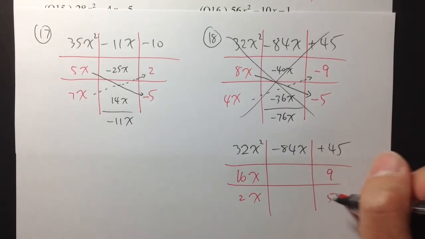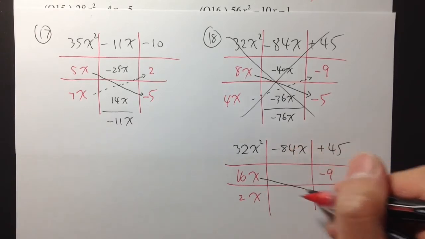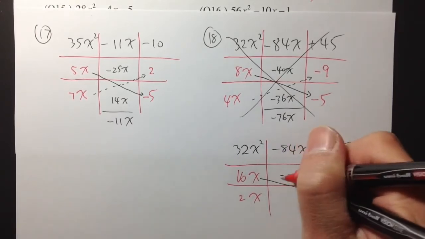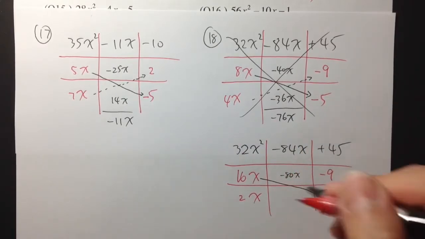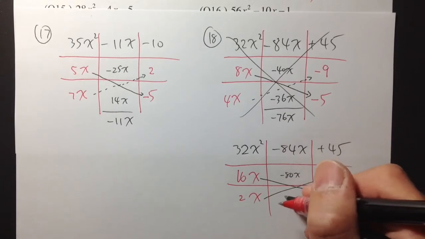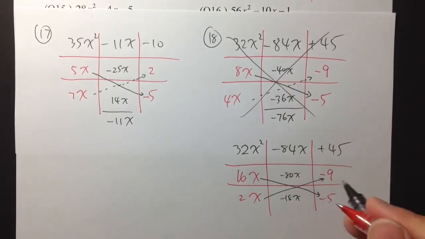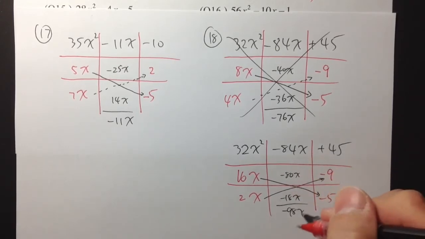Let's see, 9 and 5, negative, negative. This times this, 16x times negative 5 is negative 80x. But then 2x times negative 9 is negative 18x. This will be negative 98x. It's not the same.